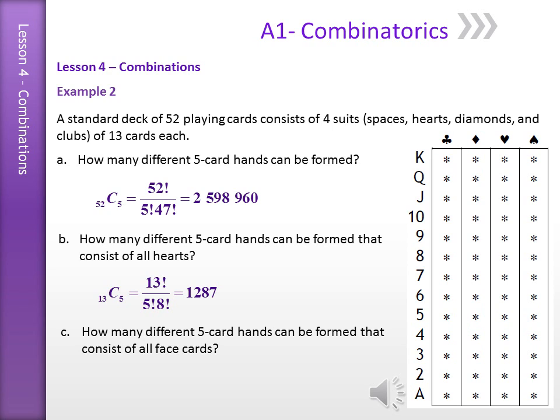C. How many different 5-card hands can be formed that consist of all face cards? Face cards are jacks, queens, and kings, and there are 12 of them. So in this case, we would use 12 choose 5, which is equal to 792.